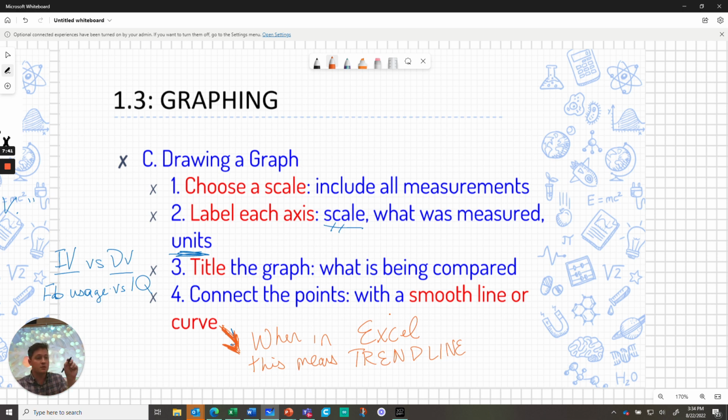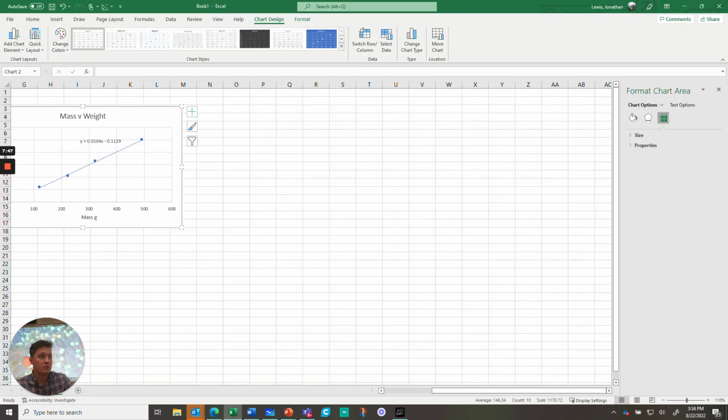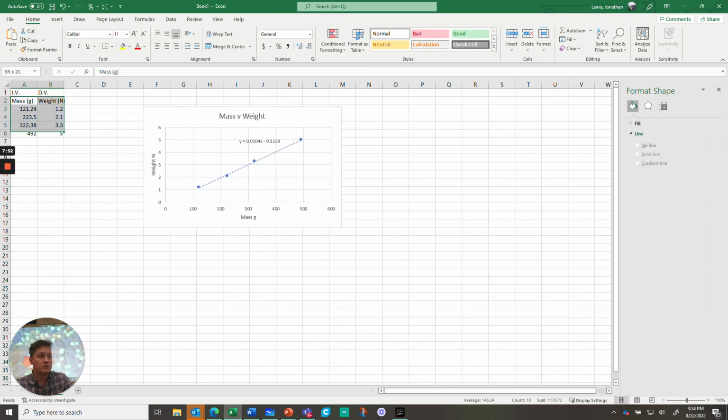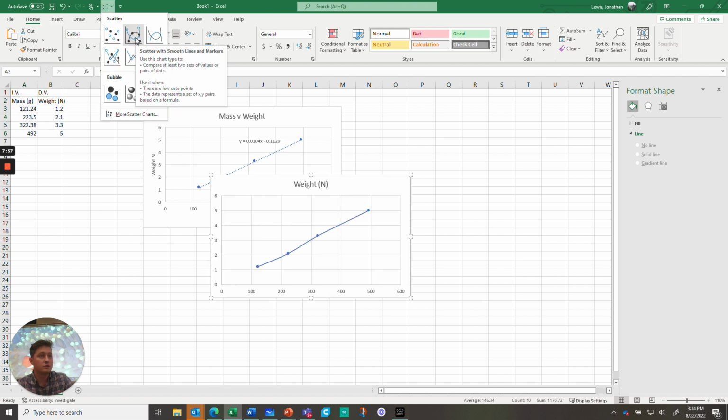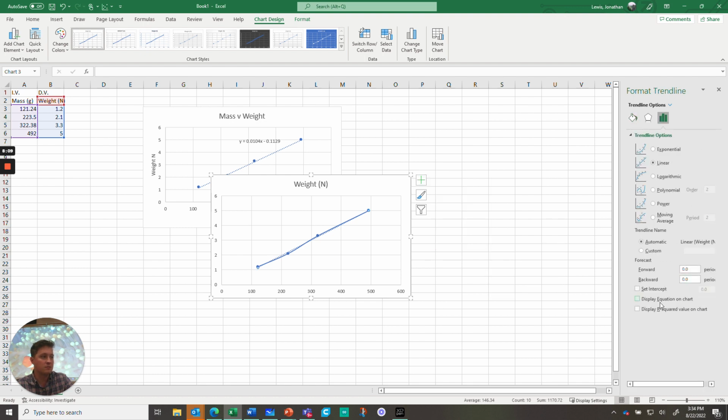When I do this, don't just pick this because it already has a line. That's not a trend line. We need to add the trend line to it because the trend line actually means something. It has data and stuff. And we can see that with the equation. That's the important part. Okay, so use a trend line. Very important that we use trend lines.